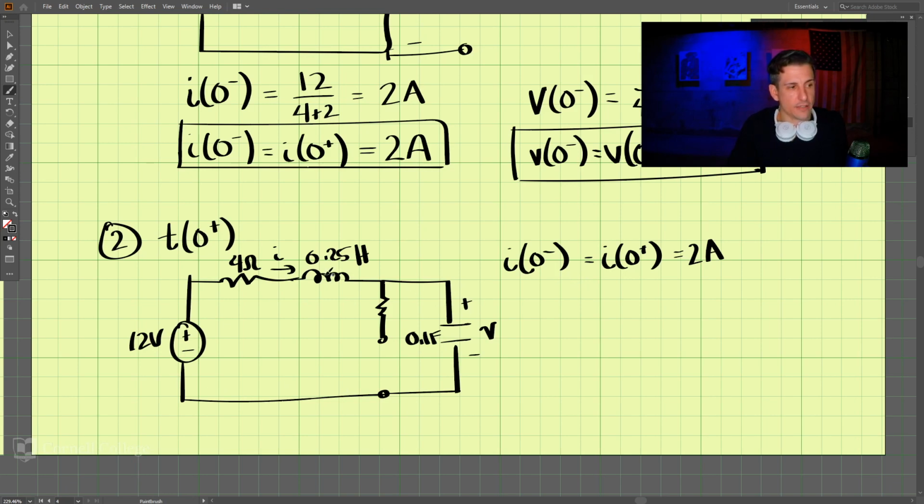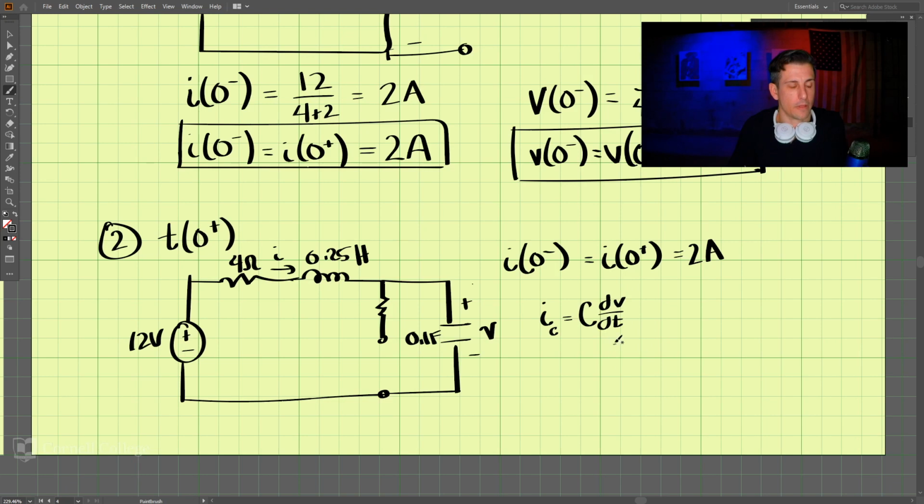So with that, we know the current across the capacitor. The current here is 2 amps, and we know the current across a capacitor is equal to C dV/dt.